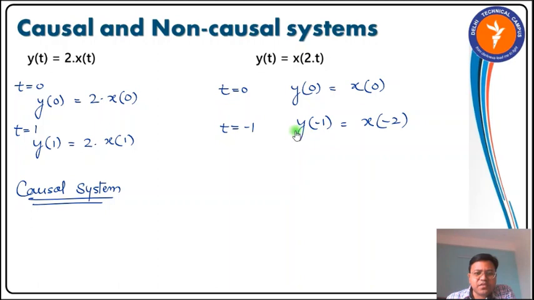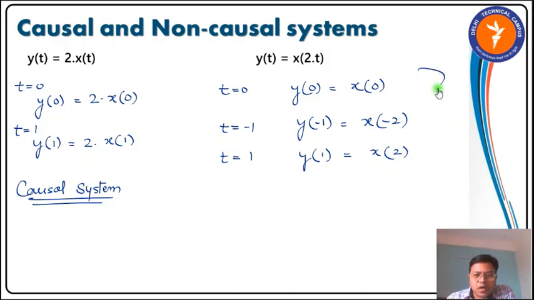Now this equation says that the present output will depend upon past input. This will be the past input in reference to this time instant. And similarly, if I take the time instant t equal to 1, then y(1) will be equal to x(2), and this says that the present output will depend upon future input.